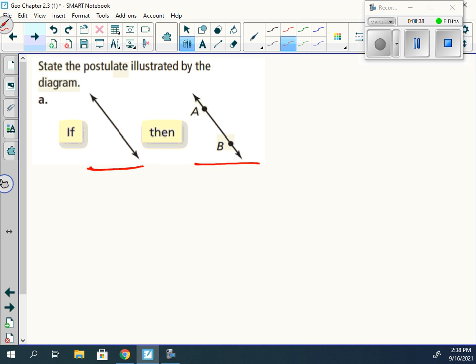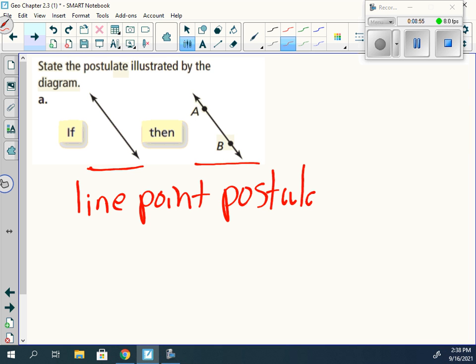So the line point postulate says a line, so we're starting off with a line, contains at least 2 points. So this is the line point postulate.